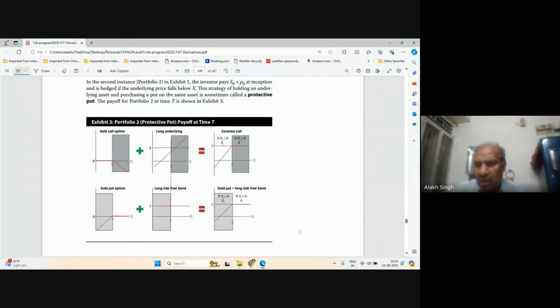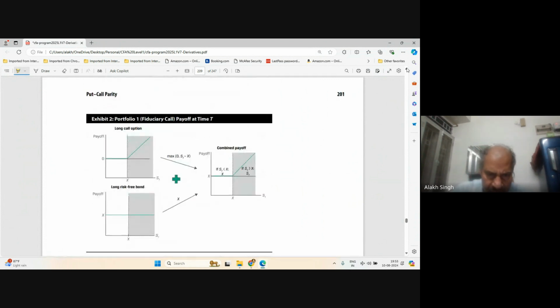So what I was discussing is that both portfolios give the same return, the same payoff.